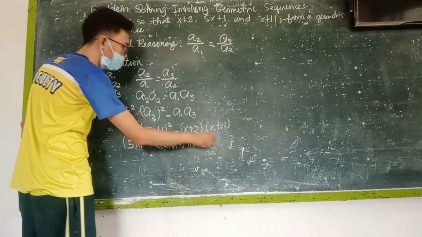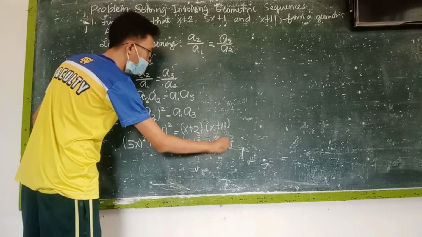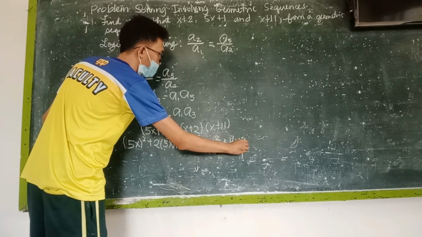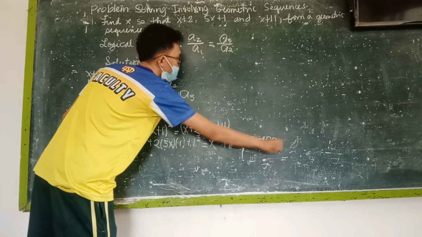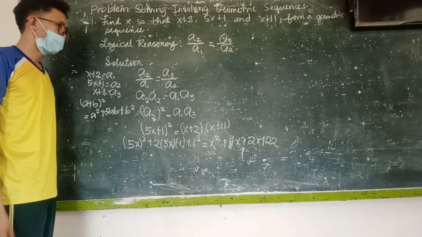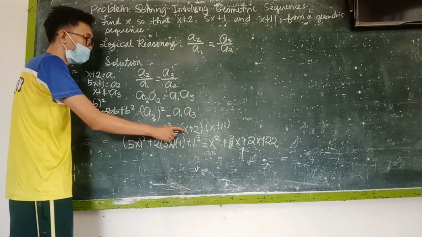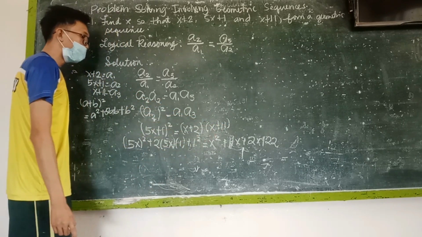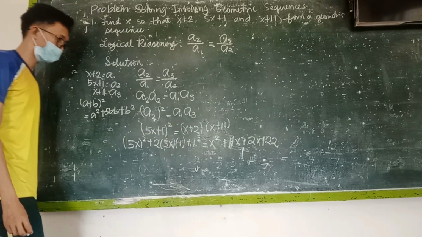So, ito magiging x squared. Then, ito magiging 11x plus 2x plus 22. Nakuha natin yan through FOIL method. First is x times x, then outer x times 11. Inner naman 2 times x and last 2 times 11.